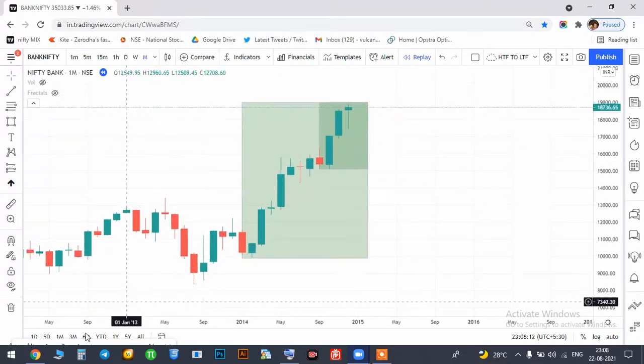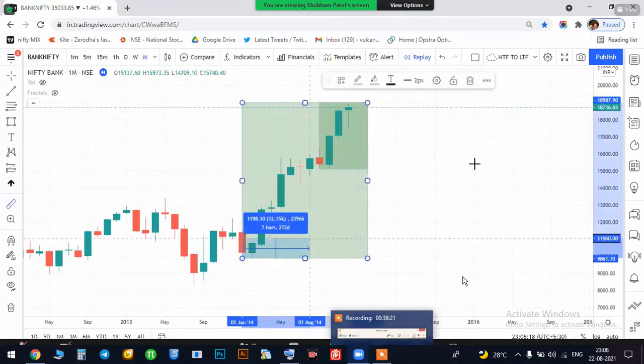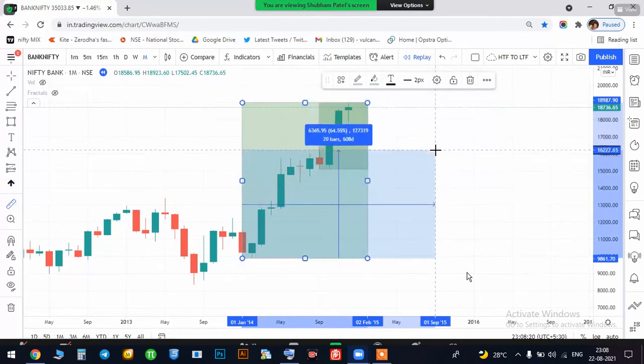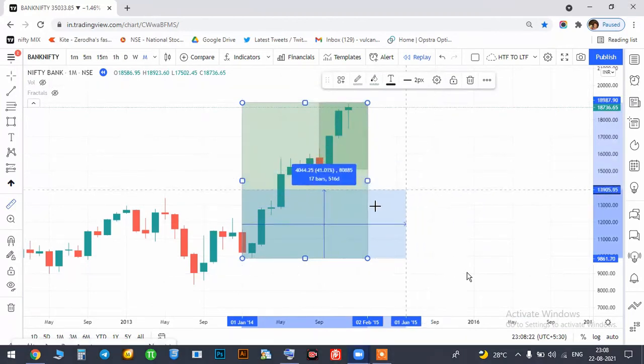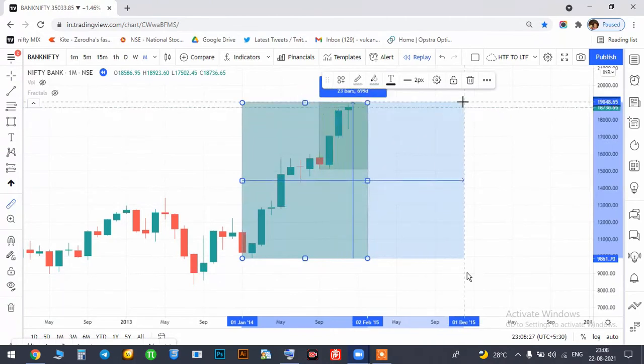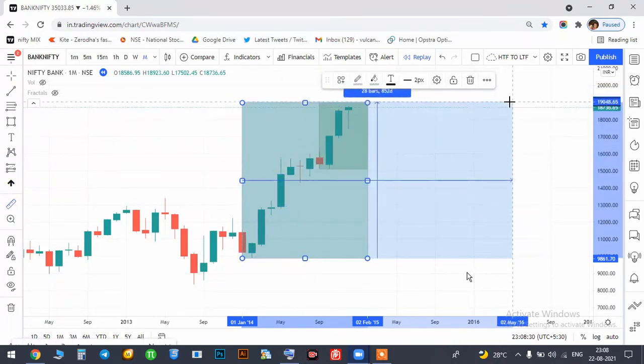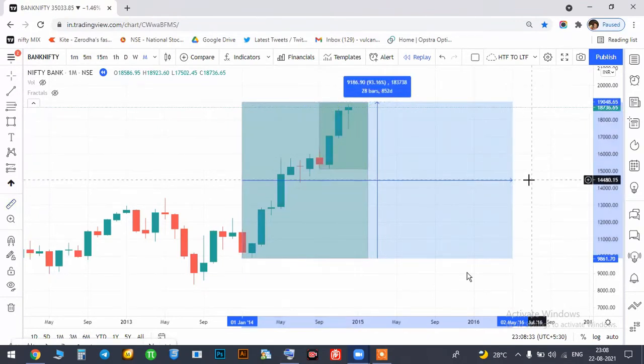Now I don't know what will happen, so I will mark my 50. Suppose I am here, so my 50 will be in this place. Now my market moves, so I don't care, but I will move my levels. I will wait for the price to come to my 50. You understand this or not?